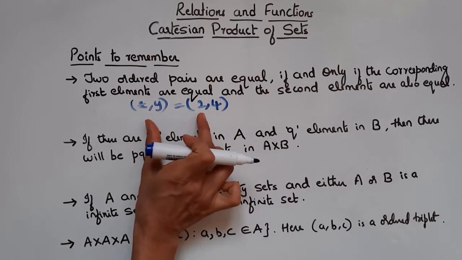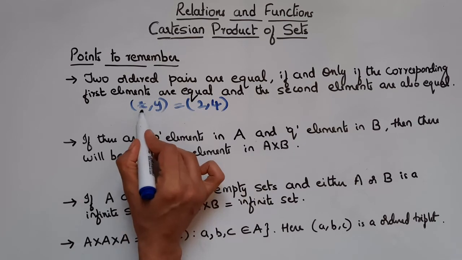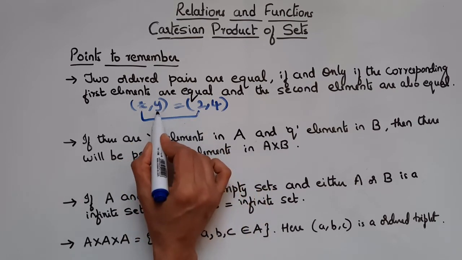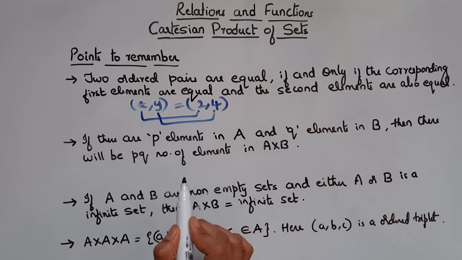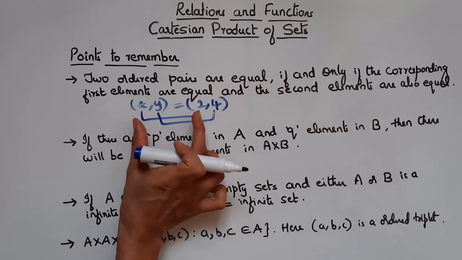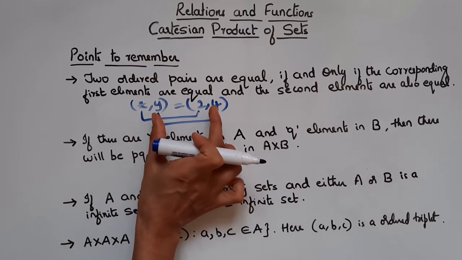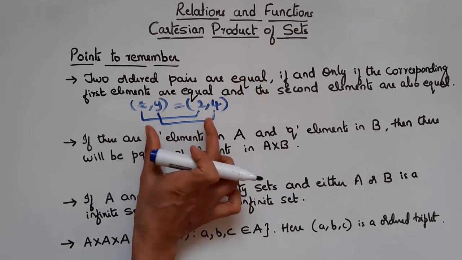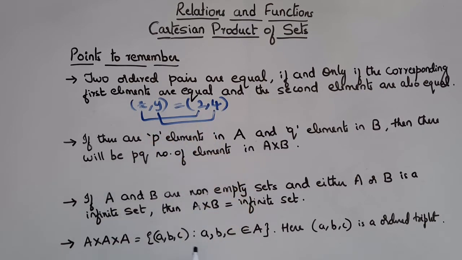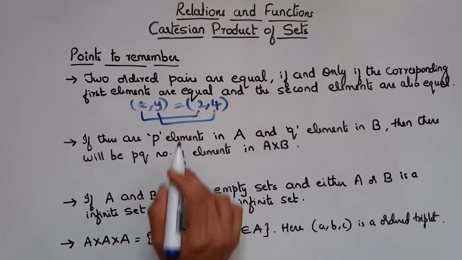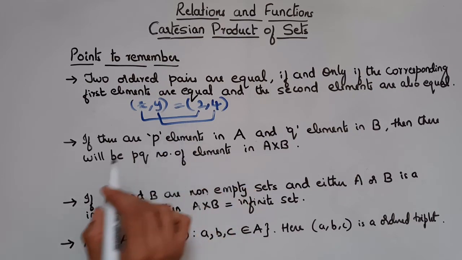These two ordered pairs are equal only when x is equal to 2 and y is equal to 4. So the corresponding first elements have to be equal and also the corresponding second elements have to be equal. Then only we can say these two ordered pairs are equal to each other. We will see this by taking an example. Now let's go to the second point.